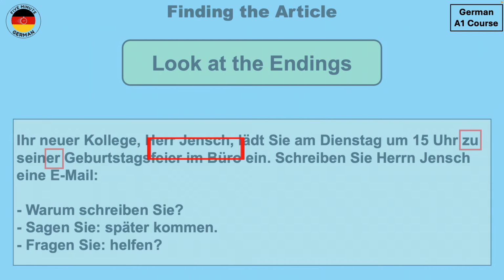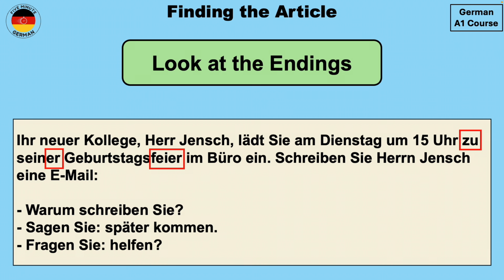And because we have seiner over here after zu, so in this way we can find out the article for Feier, which will be die Feier. So this is a way of how you can find out the articles of words in the question. It might not work every time, but it is possible that in some cases you can find out the articles.